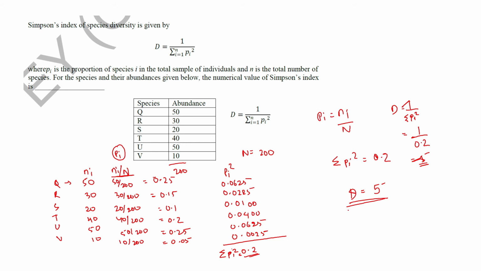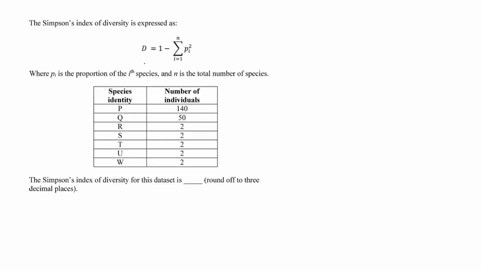Now the other formula that is used was d equals 1 minus summation of pi square. It can be the same as d equals summation of n by n square. Because you know that pi equals ni by n.